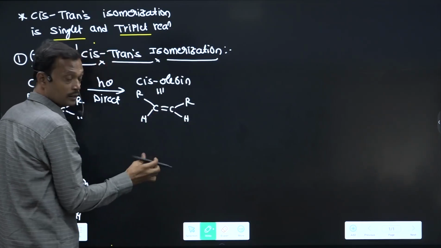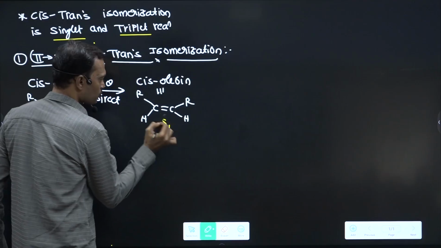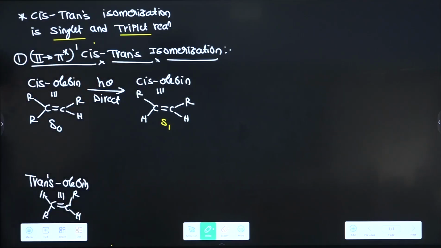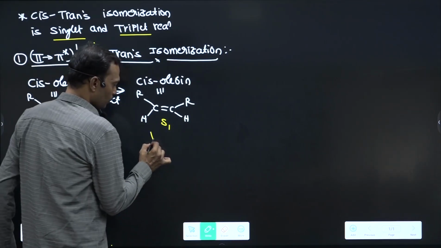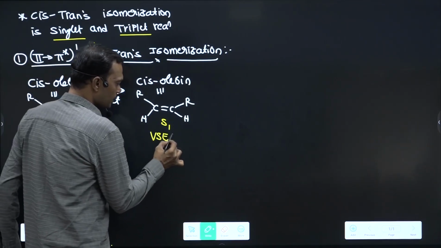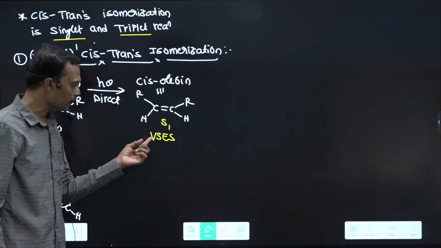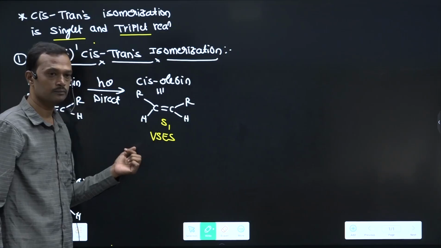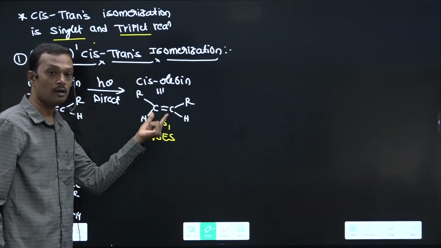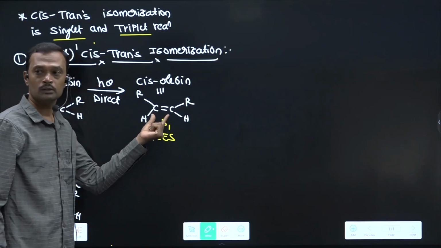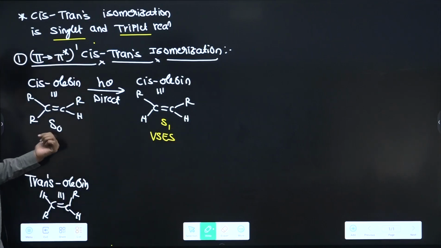So what is the state of this one? S1. This is S0 and this is S1. This is called, remember this word, the vertical singlet excited state. You remember that word, you write it later. The vertical singlet excited state has the same stereochemistry as that maintained by the ground state molecule.